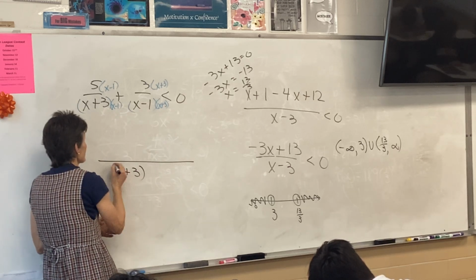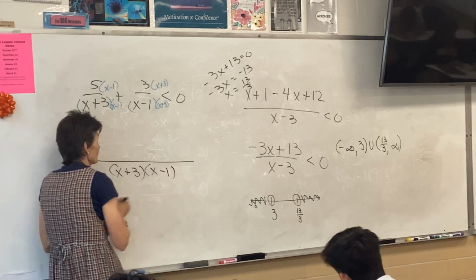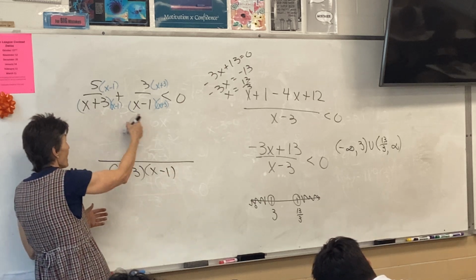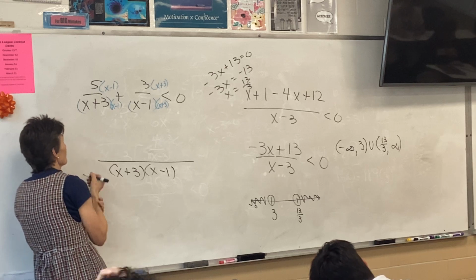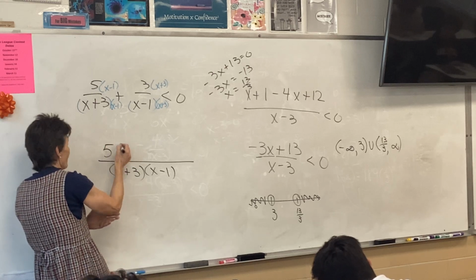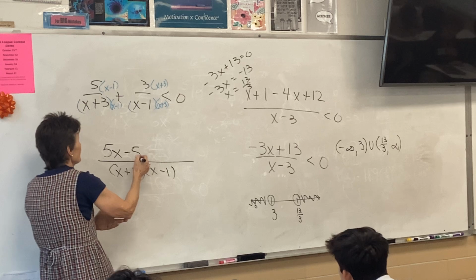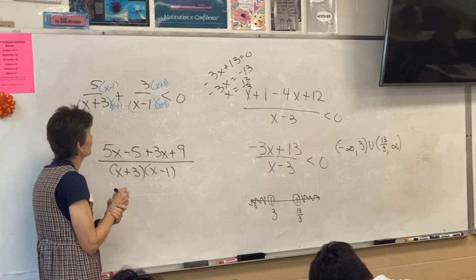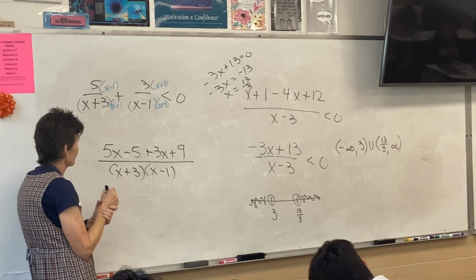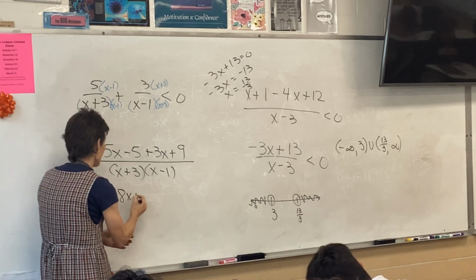Denominator is x plus 3, x minus 1, because now they match. And what's the numerator going to be? Well, 5x minus 5 plus 3x plus 9. 8x plus 4. So 8x plus 4.